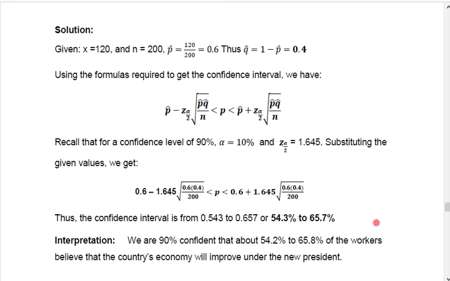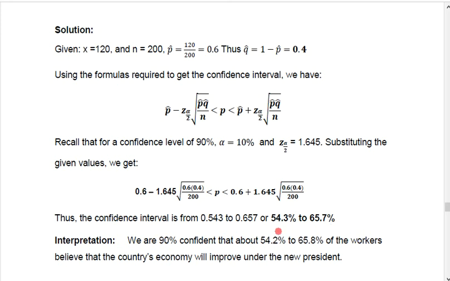Again, ito ay range of values. Okay? So, na-determine natin siya by these two values, which is 54.3 and 65.7. Pero ang value niya ay hindi 54.3 at 65.7 lang. Okay? Ito ay from 54.3 hanggang 65.7.